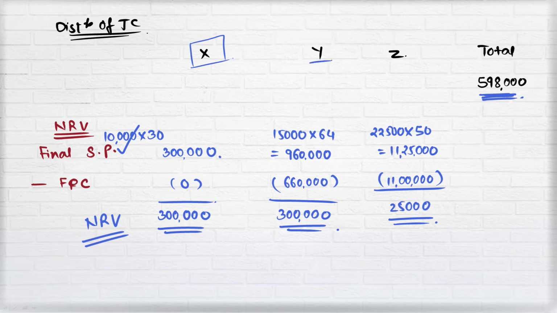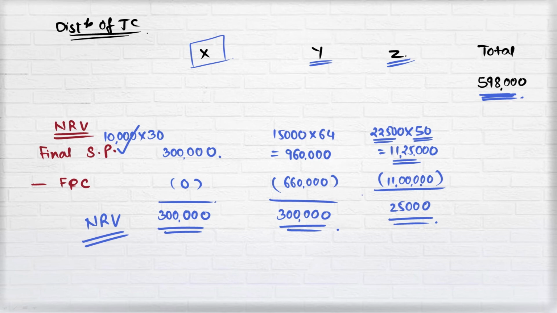So why is it not a problem here? Why I tell you? Because there is no closing stock. Because it is a regular question. Till now we have never got the question of closing stock. You will understand from Z. 22,500 into 50, 11 lakh 25,000 will be the final sales value. Agreed? Minus 11 lakhs. What is 11 lakhs?